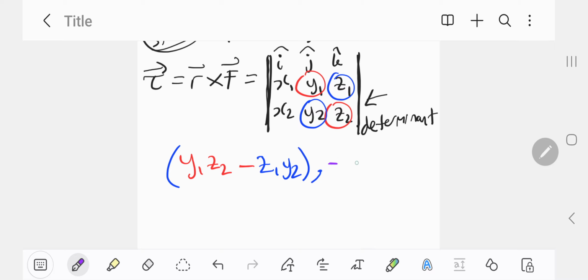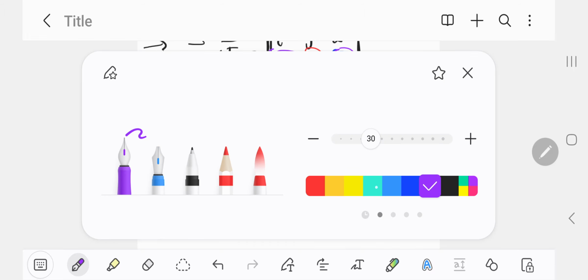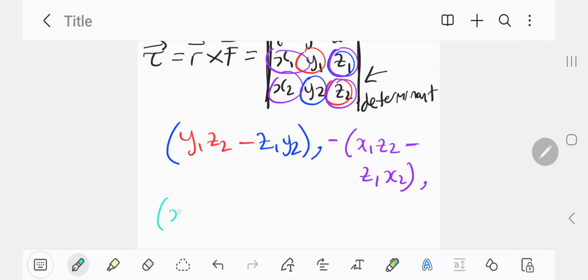Use purple, minus x1, z2, x1's here, z2's here, minus z1, x2. So z1, x2, comma, the third component of the calculation is, let me use light blue, x1, y2, minus y1, x2.